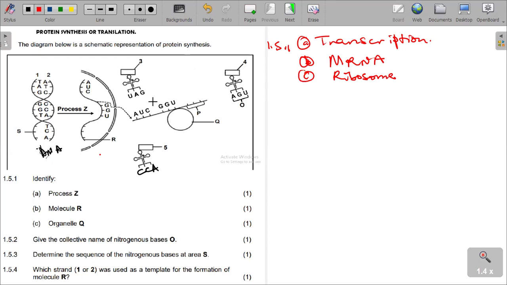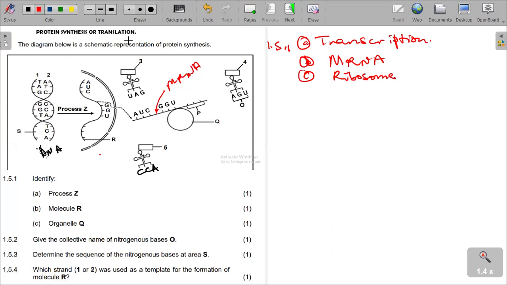This whole thing shown here is mRNA. It has to pass through the ribosomes, which identify the order of the codons so that a corresponding anticodon can be brought through the tRNA. So this mRNA passes through the ribosome, which is organelle Q.